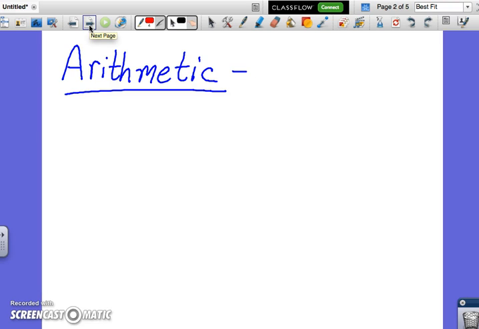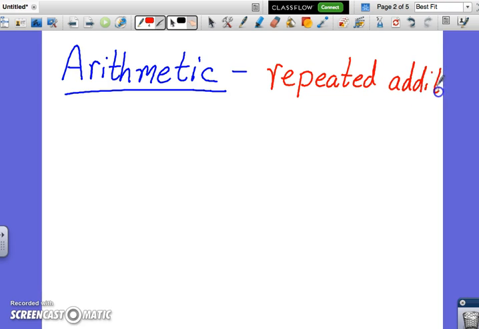If you remember, this is some sort of repeated addition. So an arithmetic sequence is one that is repeated addition. Now, I know some of you are already thinking, can it be repeated subtraction? Well, yes, technically, subtraction is just adding a negative number. So it's repeated addition or subtraction, but the definition is repeated addition.